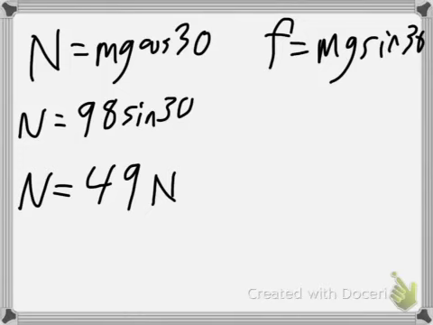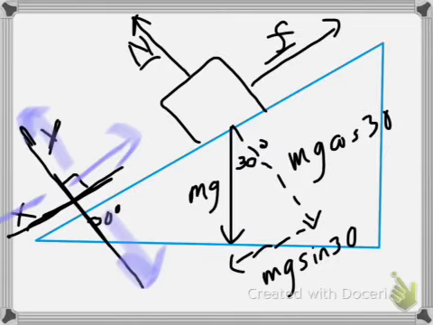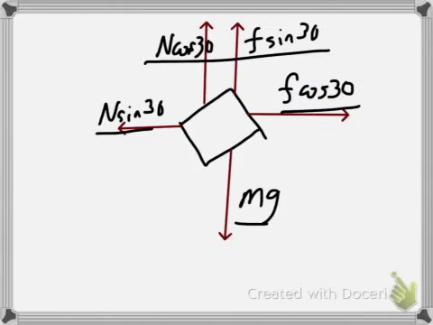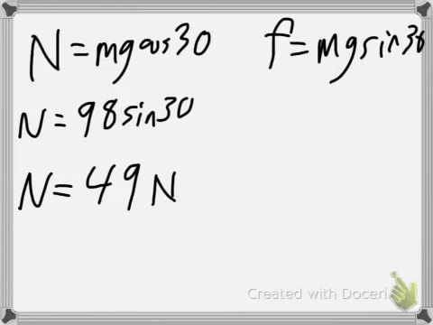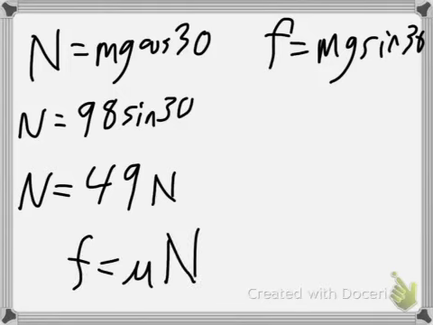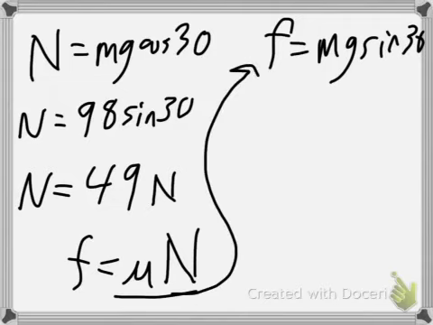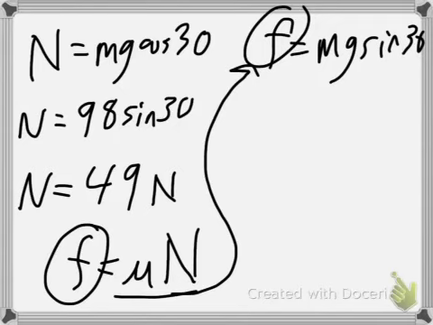And that is a lot easier than dealing with that, trust me. And then once I know my normal force, I know that friction equals mu N, so I can take this and I can plug it in right there because this friction and that friction are the same. So I get that mu N equals 98.